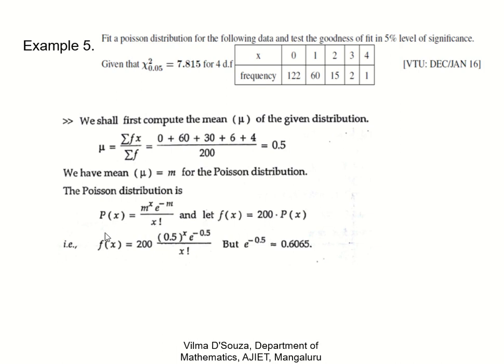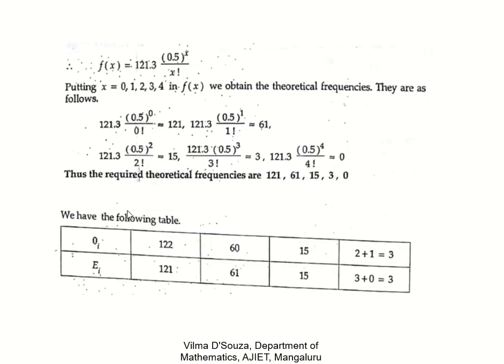So what is your f of x? Total frequency you see is 200. So f of x is 200 times p of x. Calculate f of x for x equal to 0, 1, 2, 3, 4. This calculation you can do.